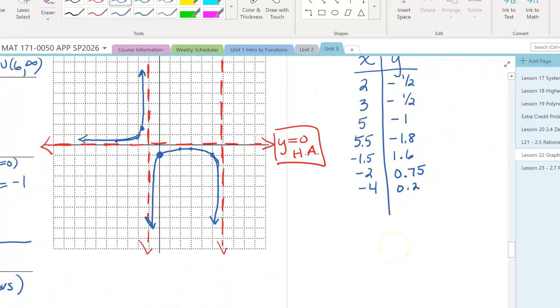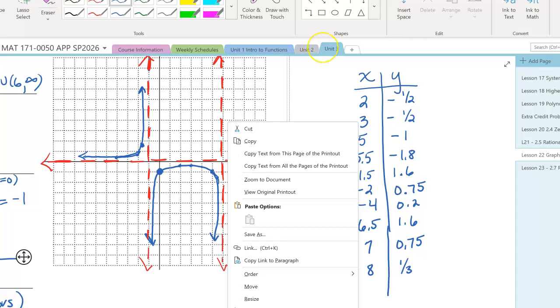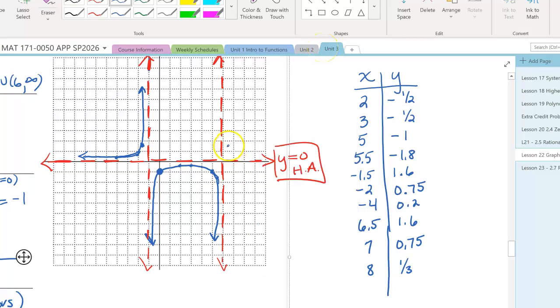So let's see, I used 6.5 and I got 1.6. I used 7 and I got 0.75. And I used 8 and I got 1/3, which would be approximately 0.3. All right, so 6.5, 1.6, and then 7 was 0.75, and then 8 is 1/3.